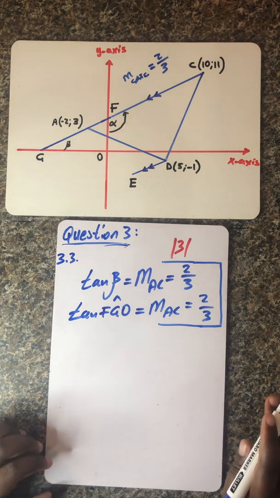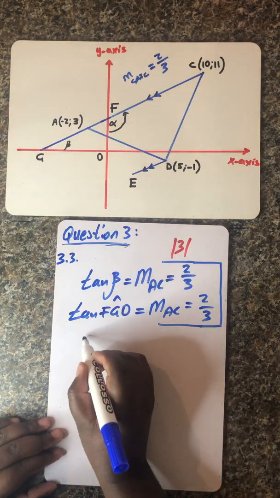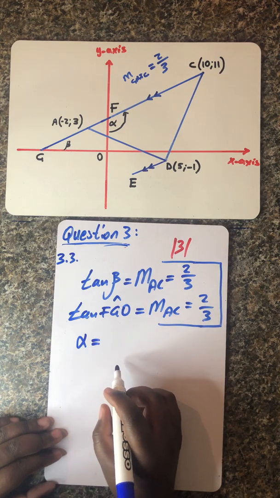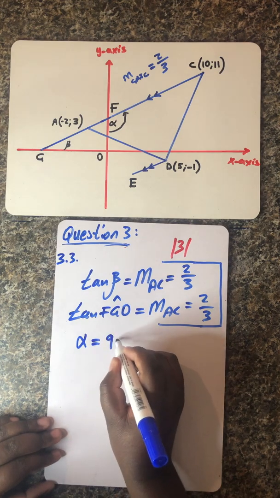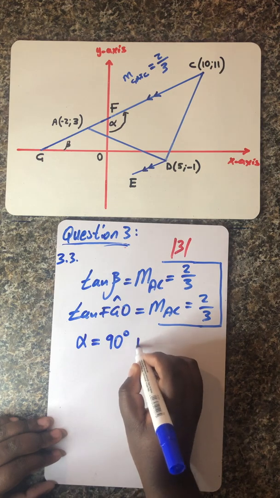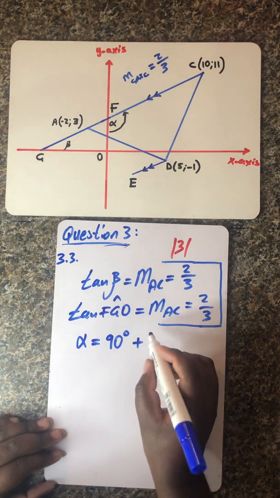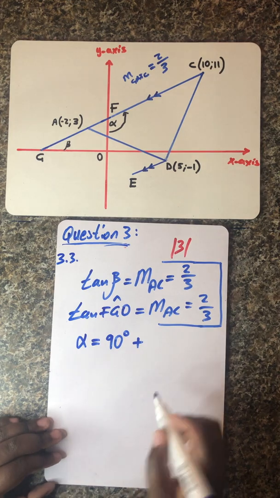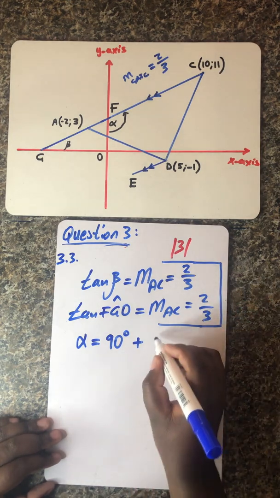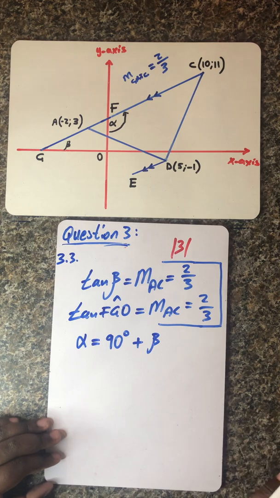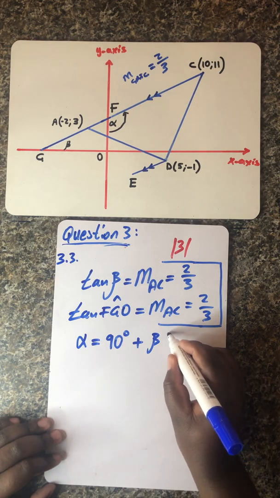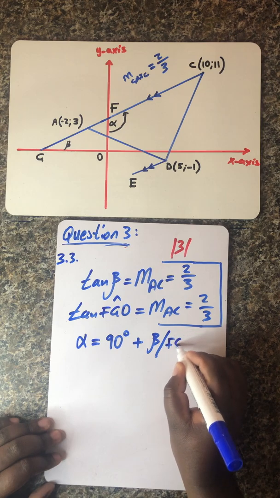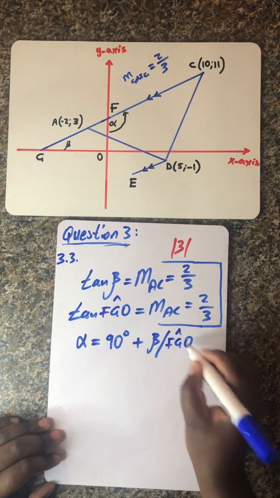So now the formula for alpha: do you agree that alpha is equal to 90 degrees plus the angle which is calculated using one of these formulas? Can I just say angle beta? Otherwise, if you don't say angle beta, then it's angle FGO.